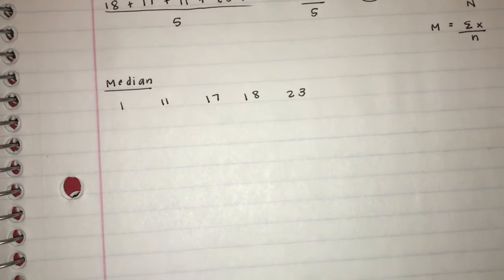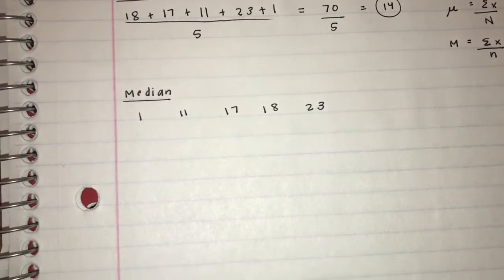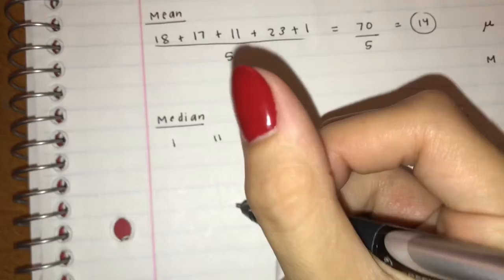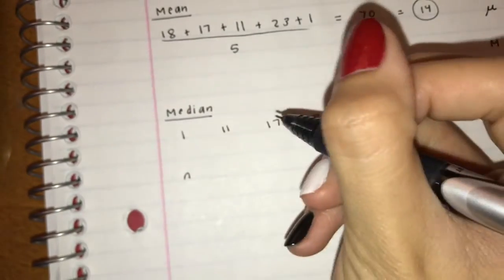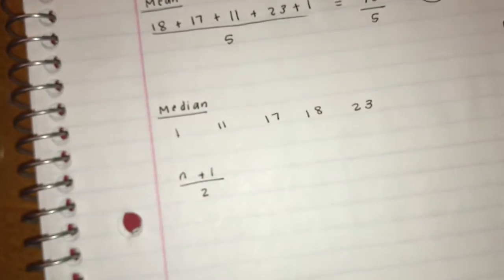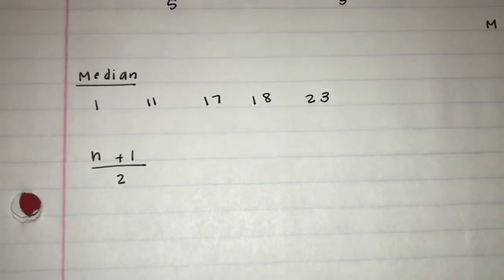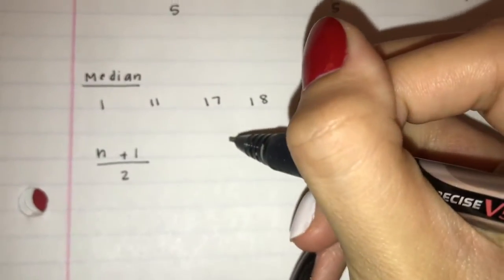So to calculate median, there's a formula where we find the position, which is where the number is going to fall. So the formula for that is going to be n plus 1 divided by 2. So for this example in particular, n is going to be 5 because there's 5 numbers in our data set.